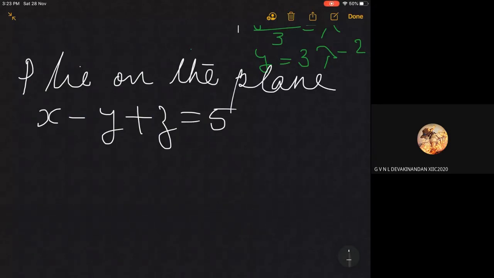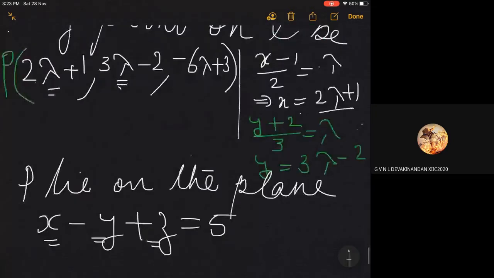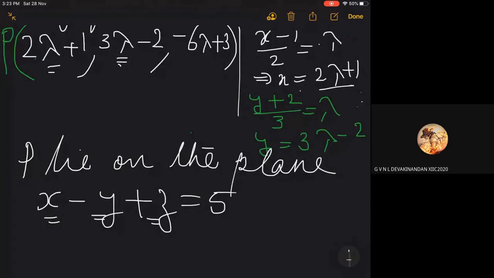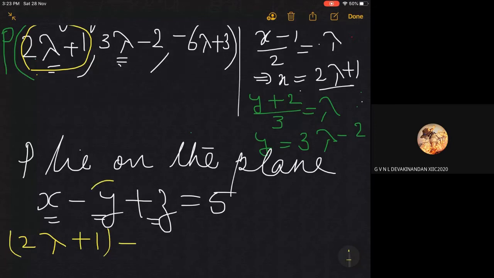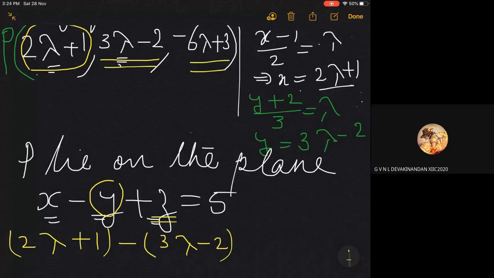So in place of x, you write 2 lambda plus 1, minus, in place of y, 3 lambda minus 2, and in place of z, minus 6 lambda plus 3, the z coordinate of P, equal to 5.